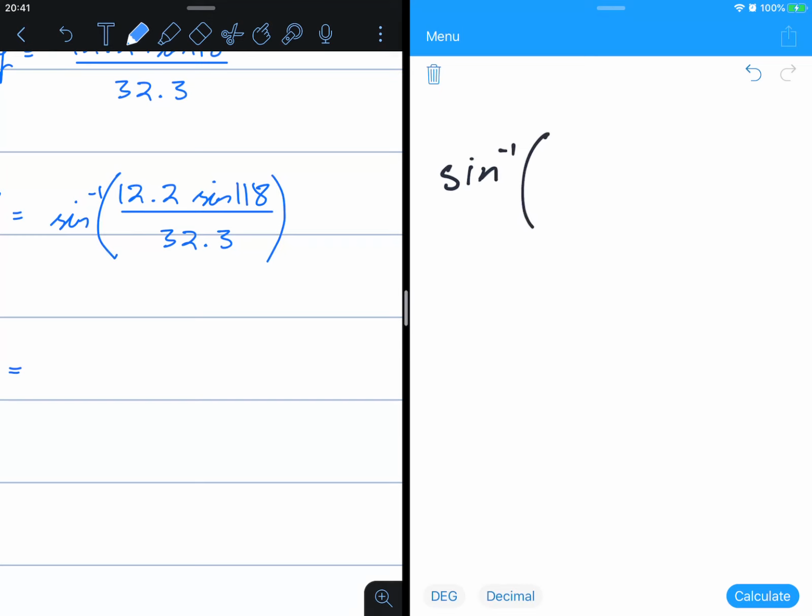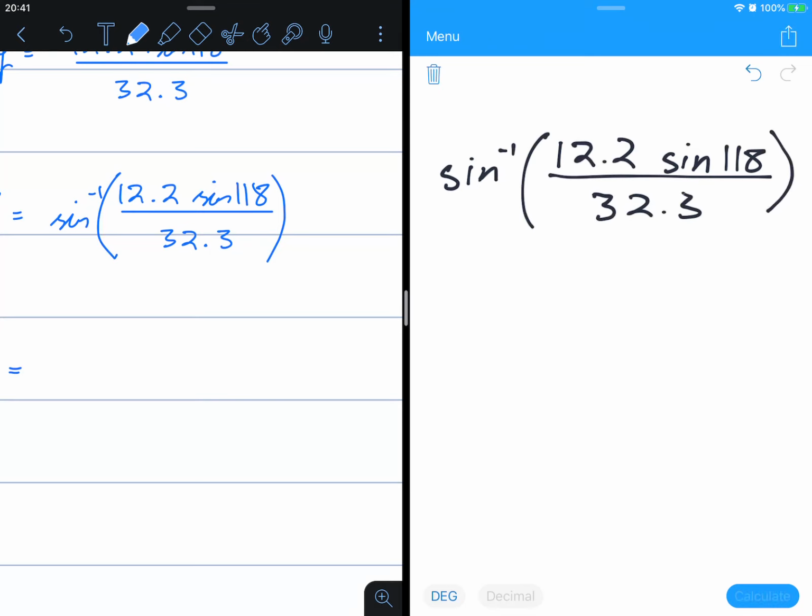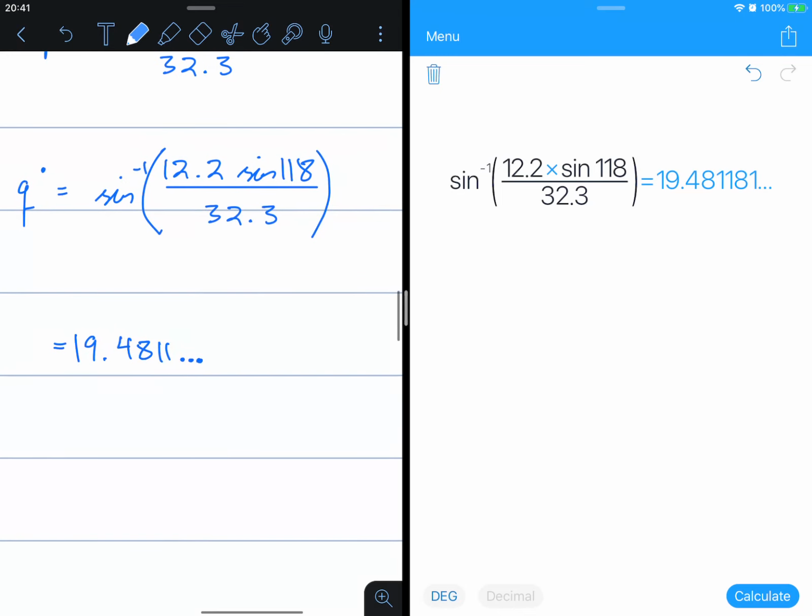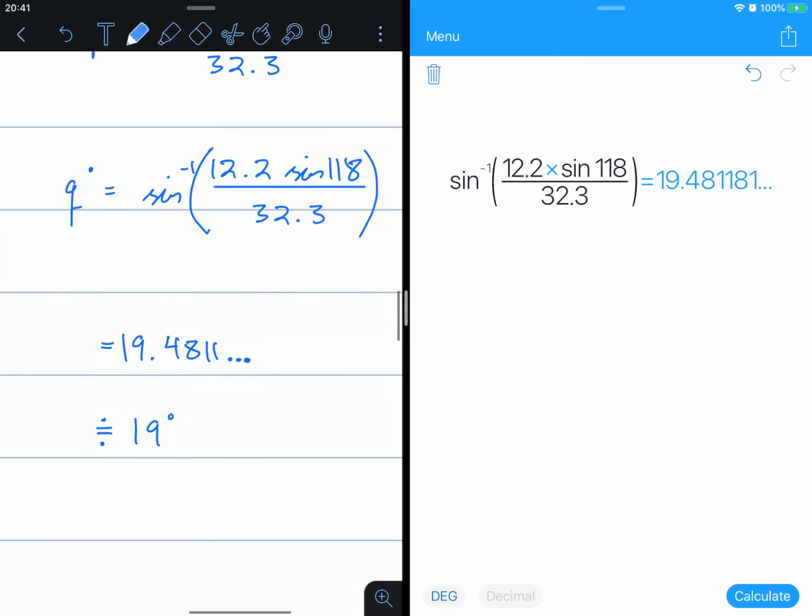Sine inverse 12.2 sine 118 all over 32.3. This is exactly 19.4811, which approximates to 19 degrees to the nearest whole degree.